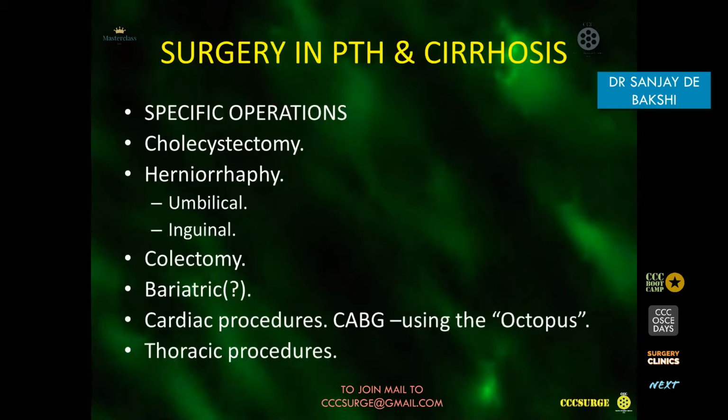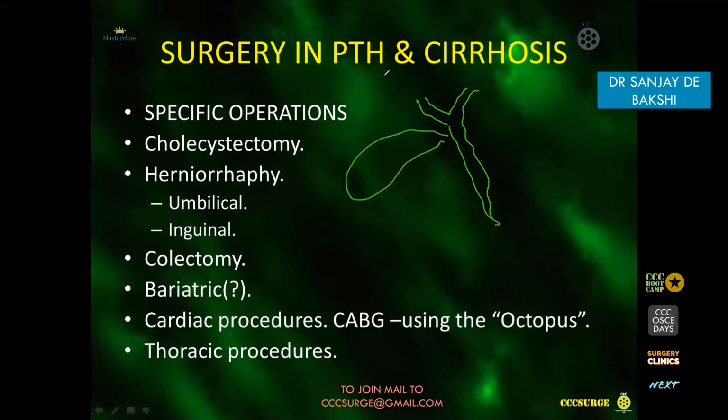Cholecystectomy. Now, if you're doing a cholecystectomy, there are some things that you need to keep in mind. That's the bile duct. You have the gallbladder out here. The problem with cirrhosis is that you've got a bad, let's say, multinodular cirrhosis all the way across out here.